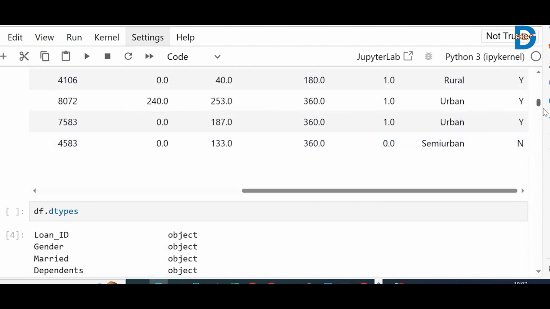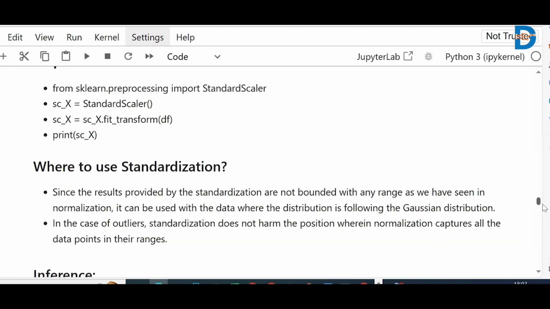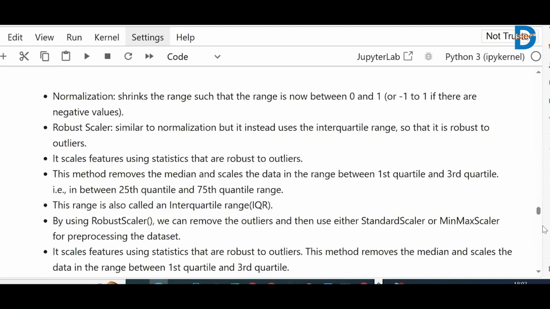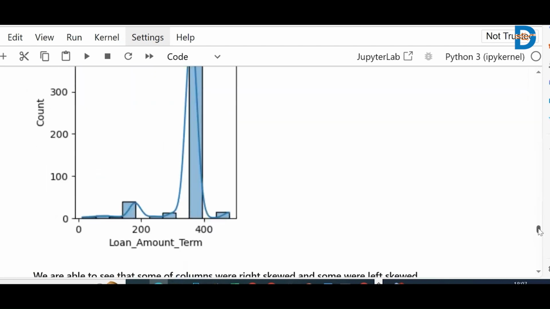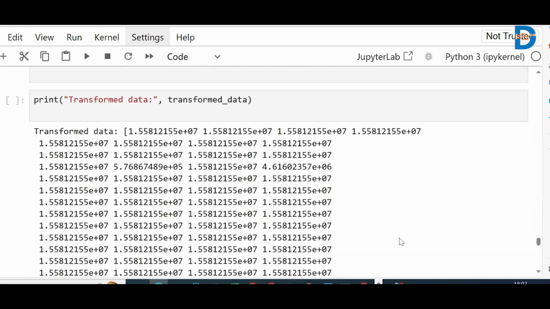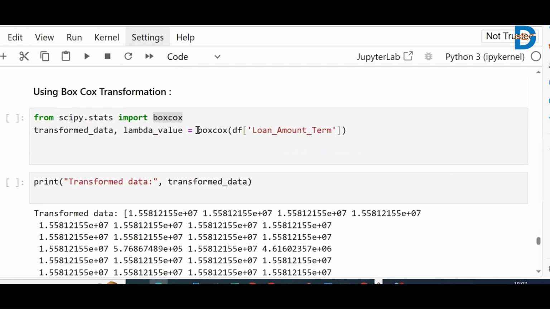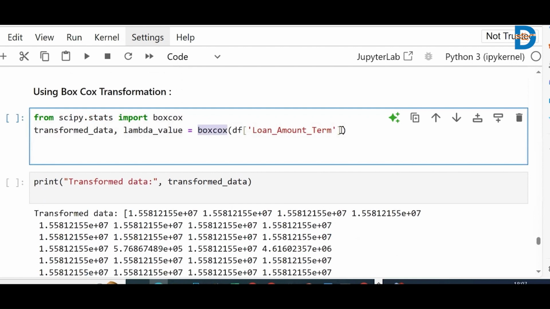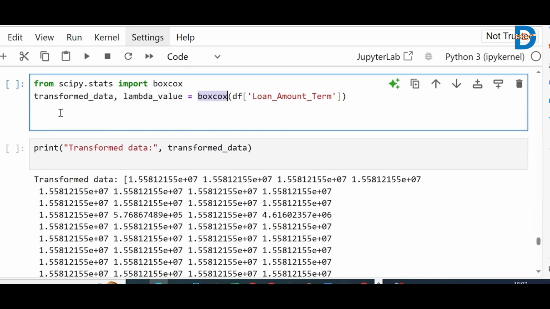Let's proceed with our transformation. By fitting this loan amount term column into Box Cox, we can see we have transformed the data.